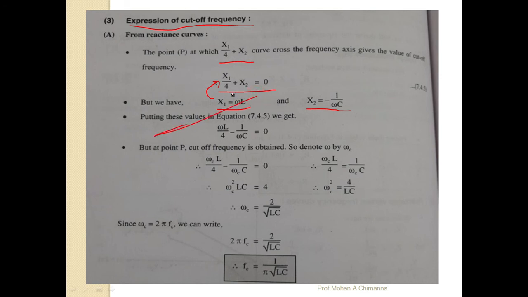Then this equation is modified to omega L upon 4 minus 1 upon omega C equals 0, and here omega is replaced by omega C, because at point P the cutoff frequency is obtained.